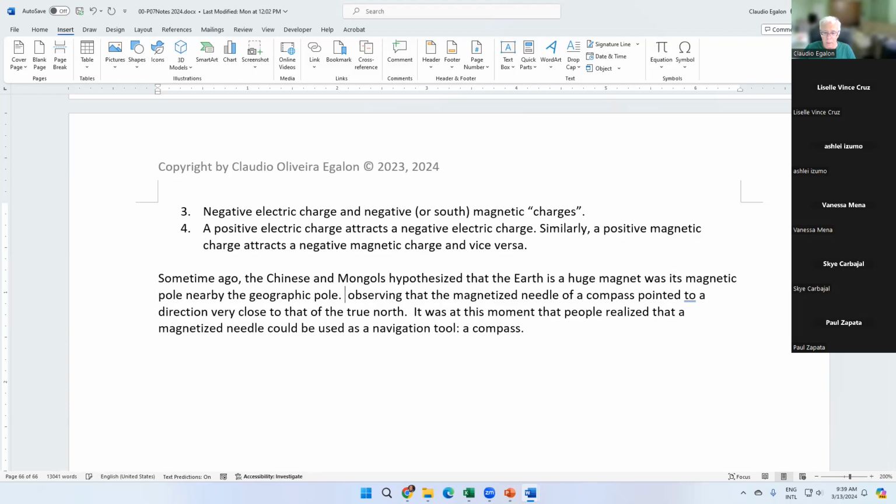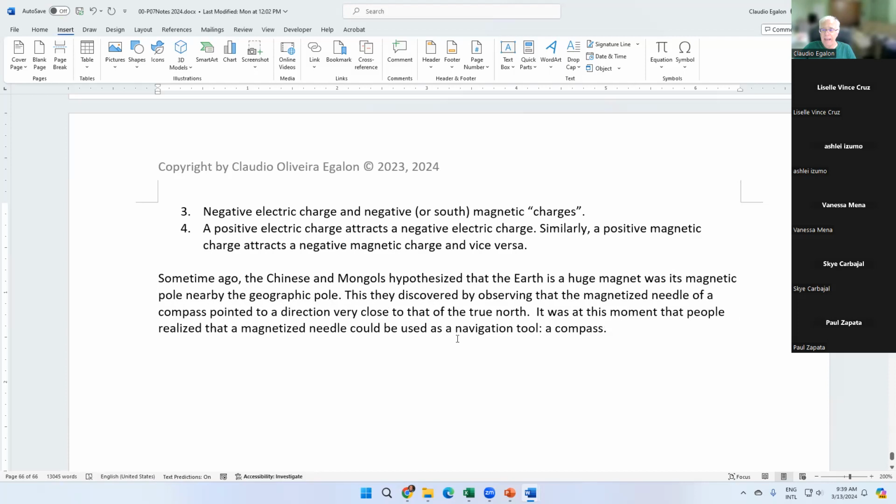This they discovered, deduced, by observing the magnetized needle of a compass.